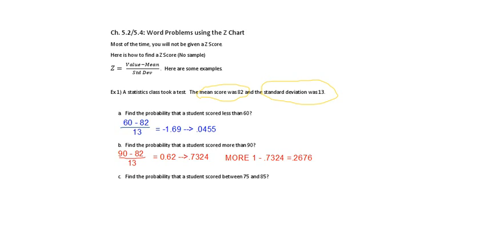Part C. Find the probability that a student scored between 75 and 85. This means we're going to do this twice. So 75 can go first. So 75 minus 82 divided by 13.